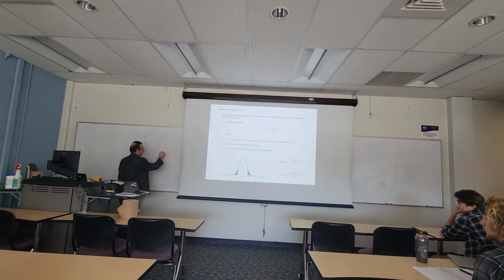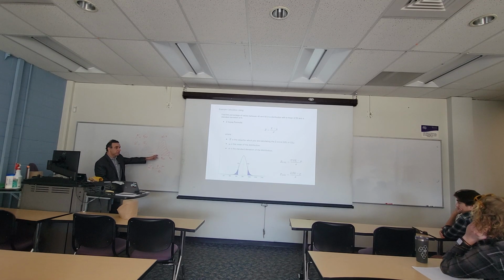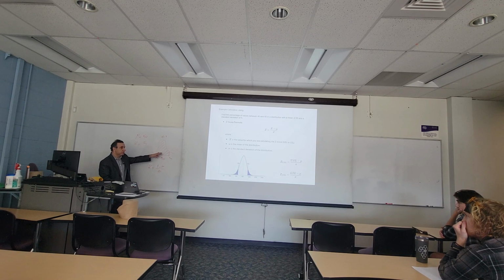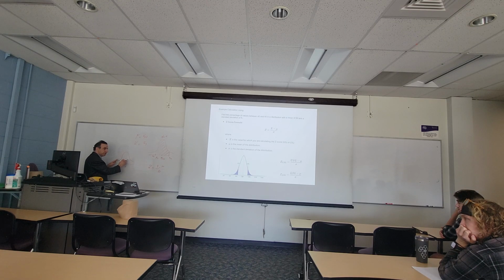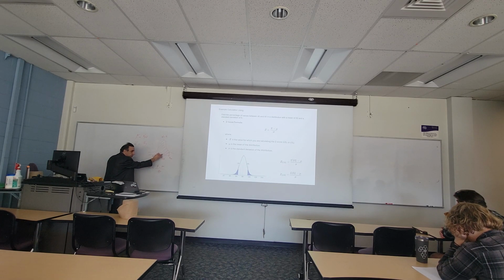This area. Can we calculate this area in this normal distribution? No. We have to go to the standard normal distribution, because the z is given for that one, not for this one.